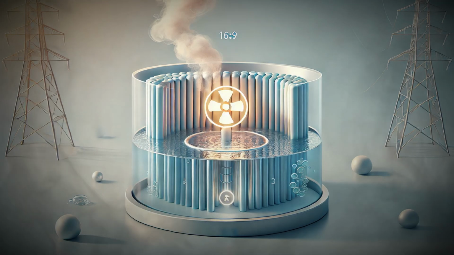Gamma rays are high-energy photons that escape from the fission reaction, and when absorbed by reactor materials, they also contribute to heating. Together, these forms of energy cause the fuel rods to become very hot. The heat is then transferred to the coolant circulating around the reactor core.